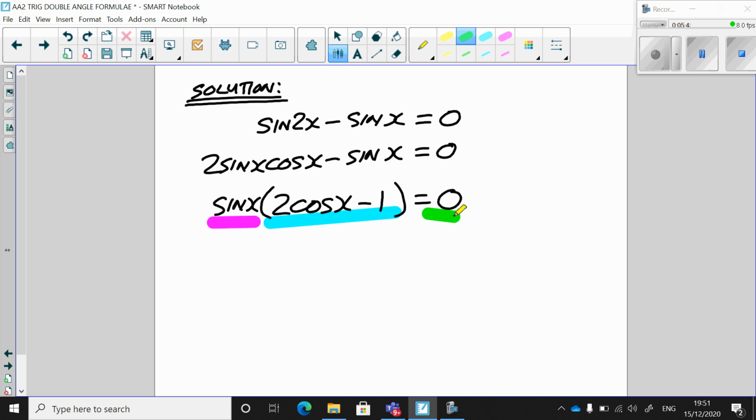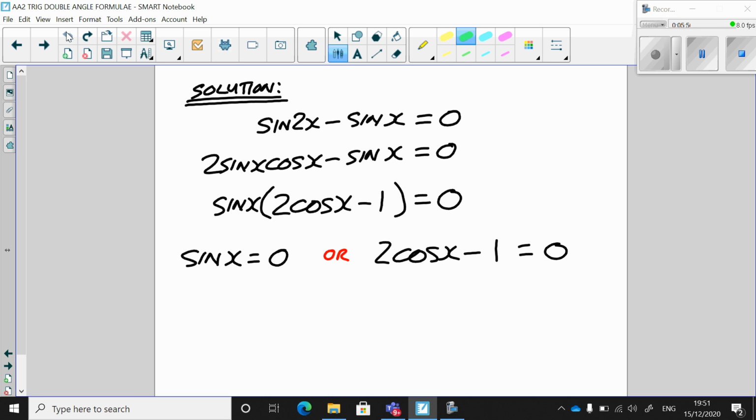The only way that is possible is if sin x is equal to 0, or the stuff in the bracket, 2 cos x minus 1, is equal to 0.